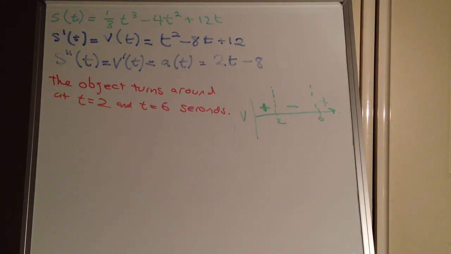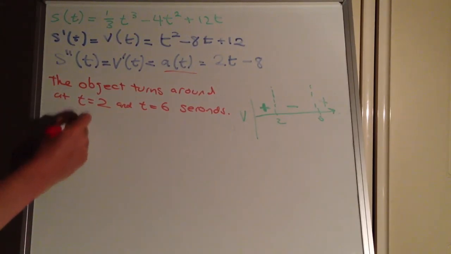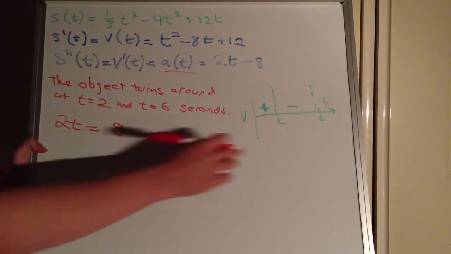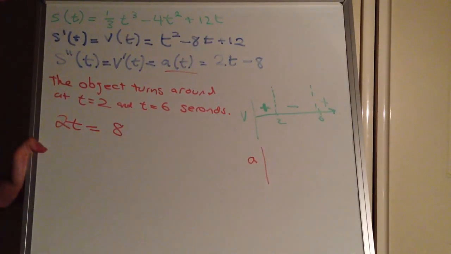But enough of me jibber-jabbing away, because I've done a lot of that over these videos. Hopefully some of it's sinking in. But to get our acceleration function and find out what's happening when it equals 0, we need to solve for t, because t will give us that value on the acceleration diagram.